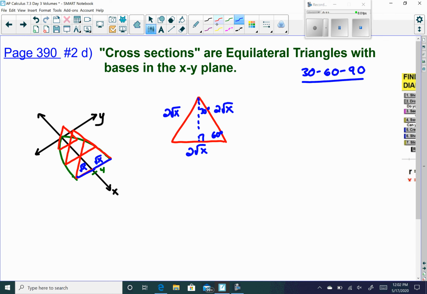I now have my short leg, which will be over here. Let me erase this now because I'm not going the entire way. So right here, this is my short leg of this right triangle, so that's just going to be a radical x. So we have the short leg, the ratio here is going to be x. The height, or the longer leg, is x times radical 3, and then the hypotenuse is always double what my short leg is. So that's going to be, we'll just say 2x.